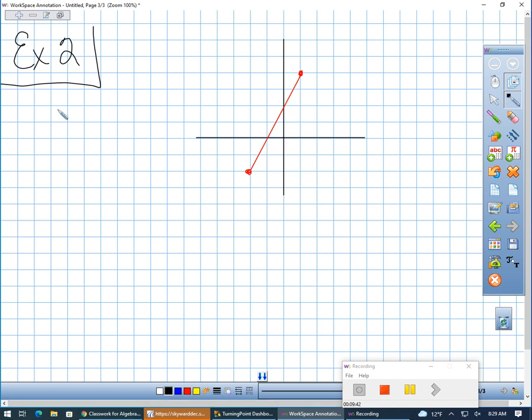Alright, so example number 2, this is going to be numbers 12 through 16. No, it's only 3 problems, sorry. Not too many. Okay.